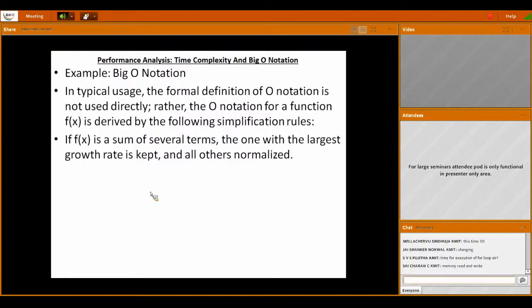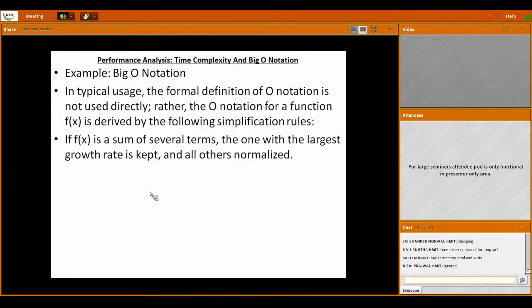Sai Karthik? Okay. Sai Prajwal? Go ahead. Sai Karthik, CSCA. In the above statement, if fx is a sum of several terms, the one with the largest growth rate is kept and all others are normalized.